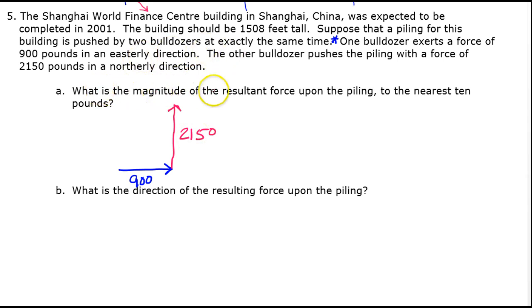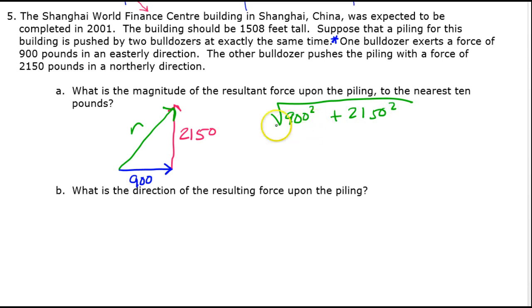What is the magnitude of the resultant force upon the piling to the nearest 10 pounds? The resultant force, if I add these vectors, would be drawn like this. The magnitude can be found by using the magnitude formula. I'll do the square root of 900 squared plus 2,150 squared.